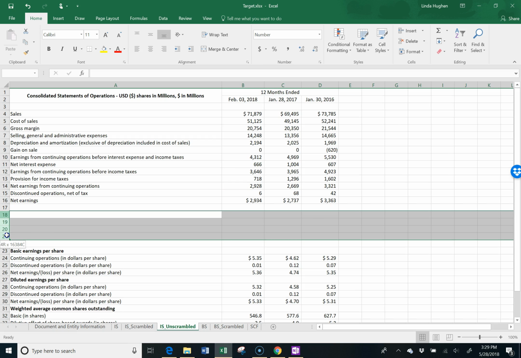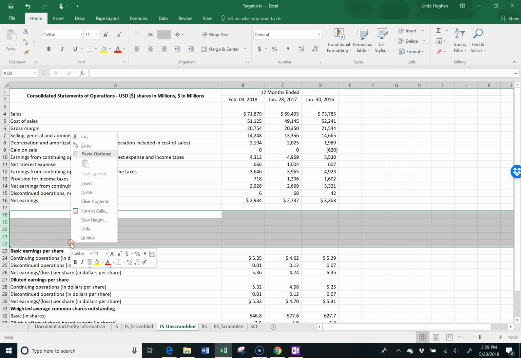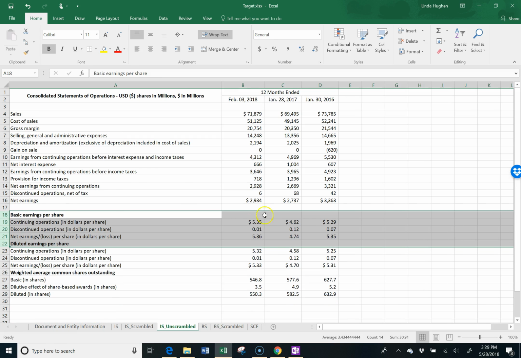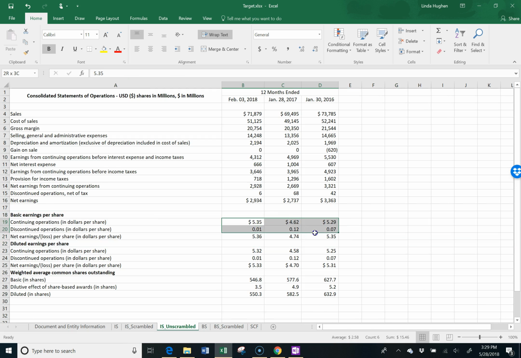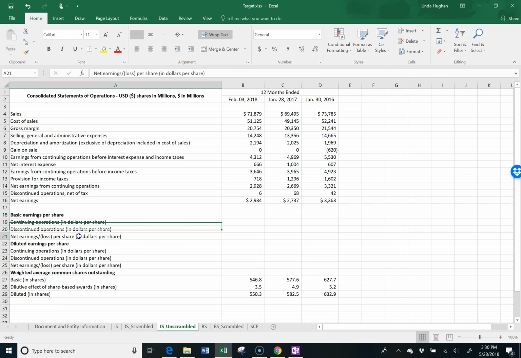All right, so the next thing I want to do is make sure I know where these basic earnings per share and diluted earnings per share numbers are coming from. So let's delete this data here and try to recalculate it. Basic earnings per share from continuing operations. Remember we said if the company does report discontinued operations, its earnings per share is not simply going to be net income per share, basic and then diluted. We have to do all three components.